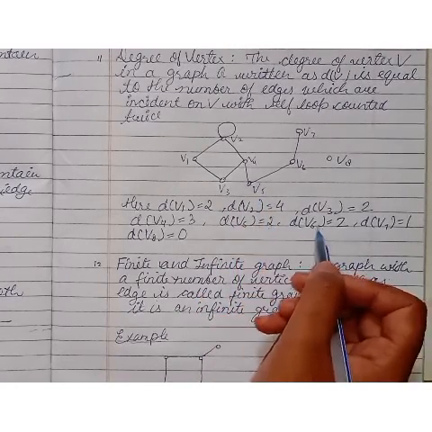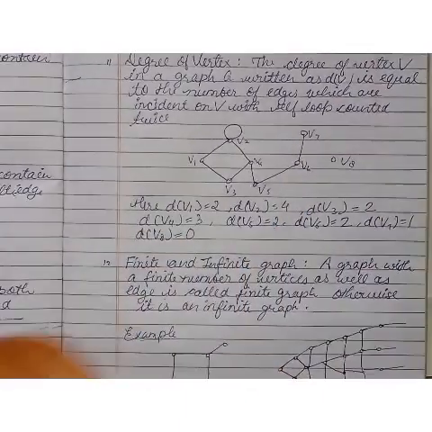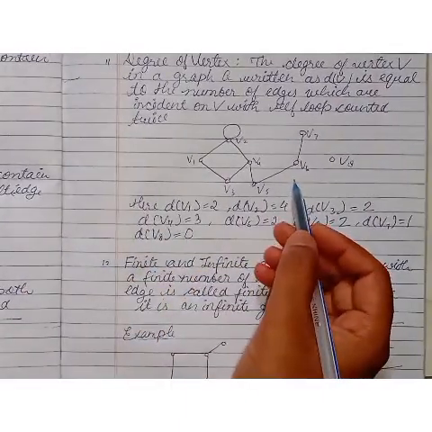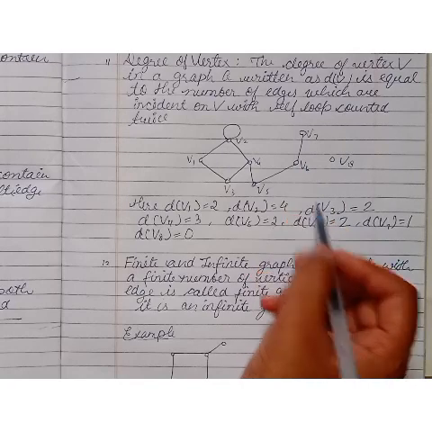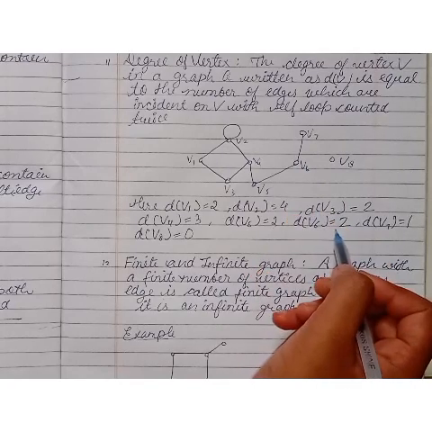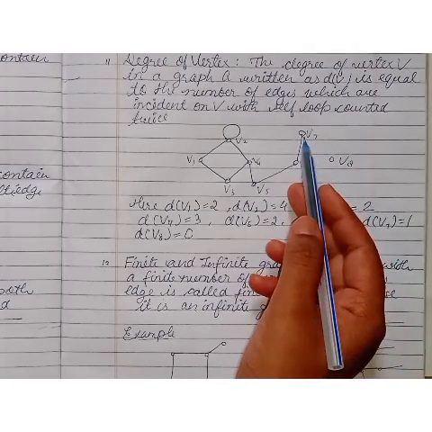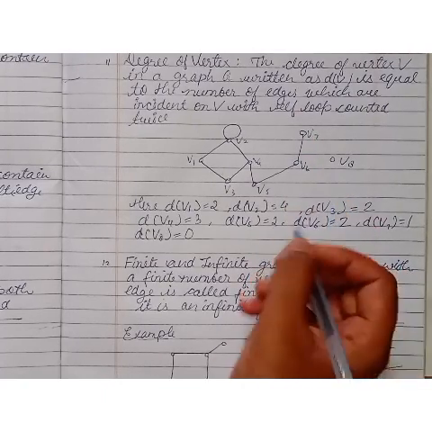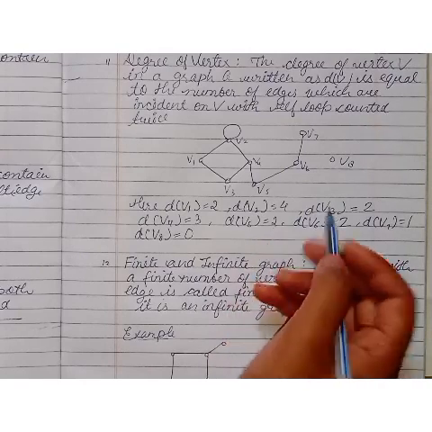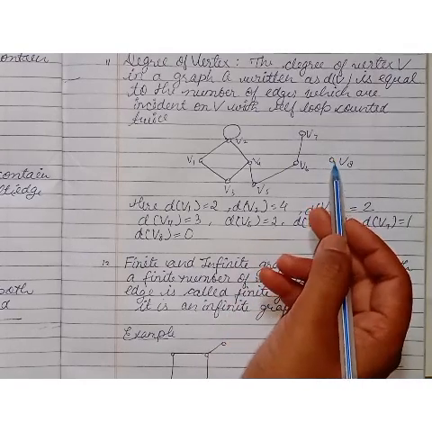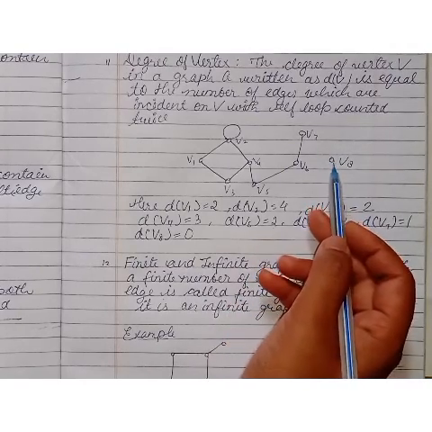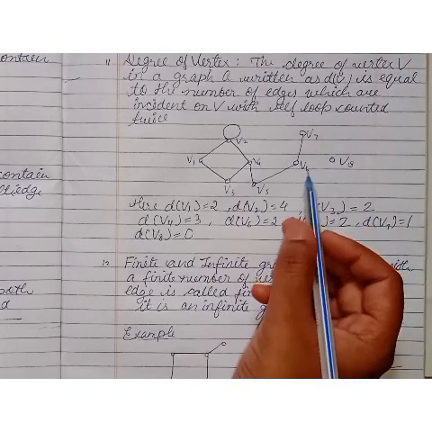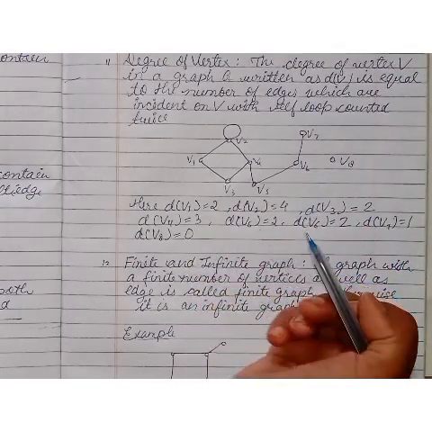The degree of v6 is connected to 2 edges, this and this, so the degree of v6 will be 2. Degree of v7, now v7 is connected to only one edge, so its degree will be 1. Degree of v8, it is not connected to any edge, so this is a vertex only, no edges are connected, so its degree will be 0.